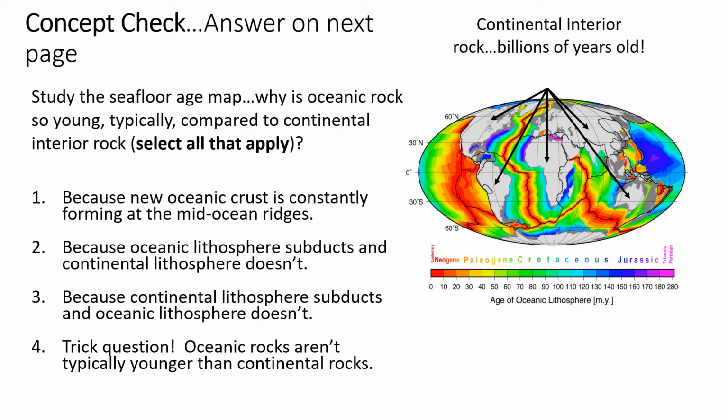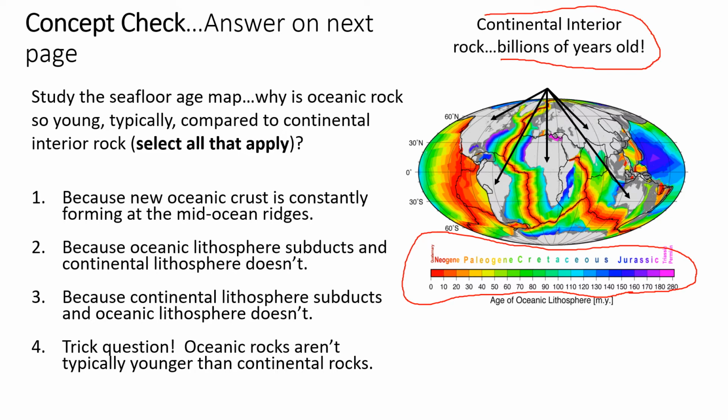Here's another concept check. Let's go through this. So study the seafloor map. Why is it that the oceanic rock, that is the colored rock on that seafloor map, is so much younger than the continental rock? On average, you can see here that seafloor rock is only a couple of 100 million years old or less, but particularly in continental interiors, we find rocks that can be billions of years old.